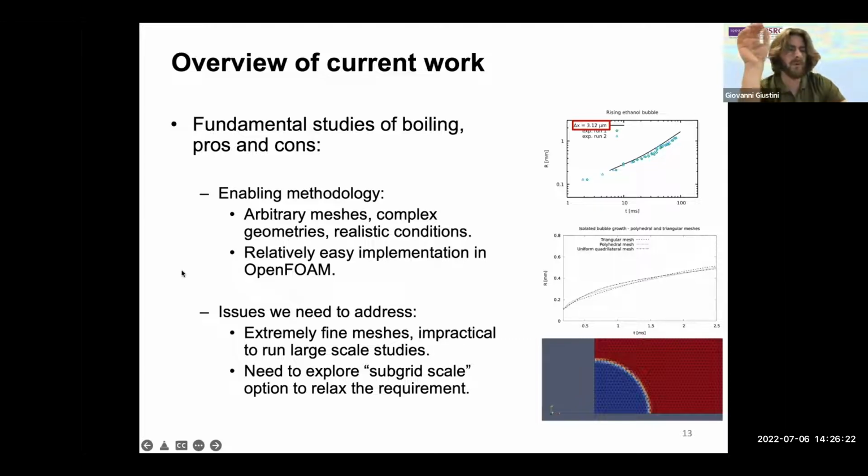One possible way out of this impasse is to explore a subgrid scale modeling approach to capturing interfacial dynamics, and therefore being able to use larger meshes to model the interfacial region, and basically not to spend so many cells modeling, for example, one single bubble.